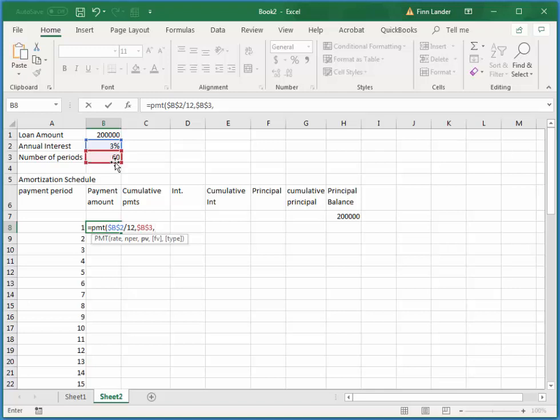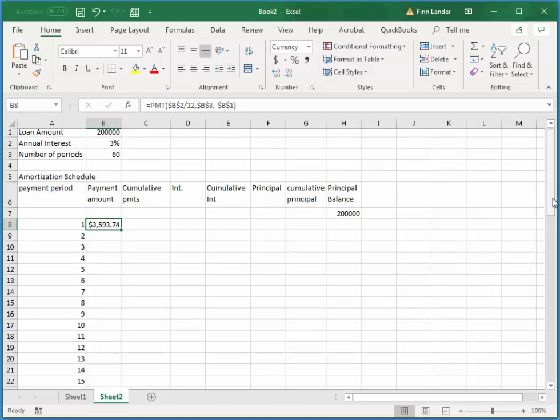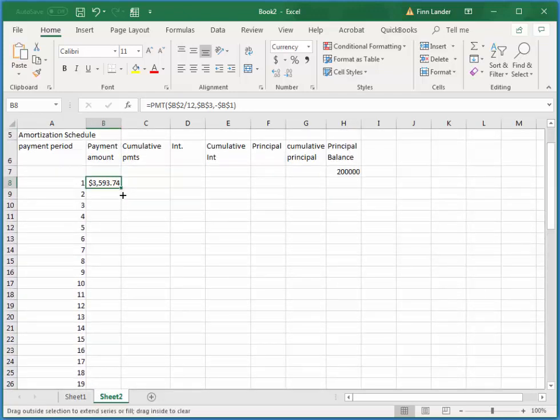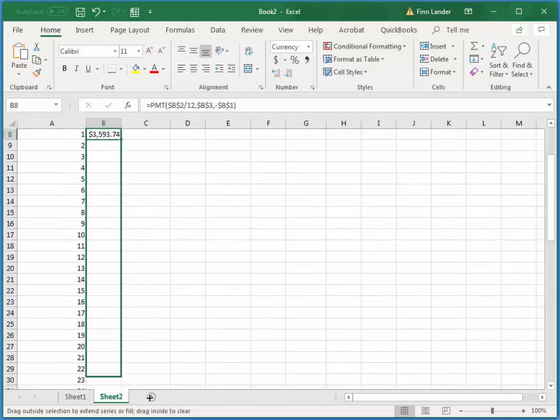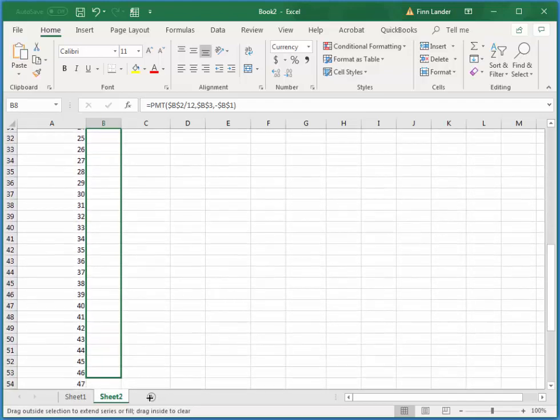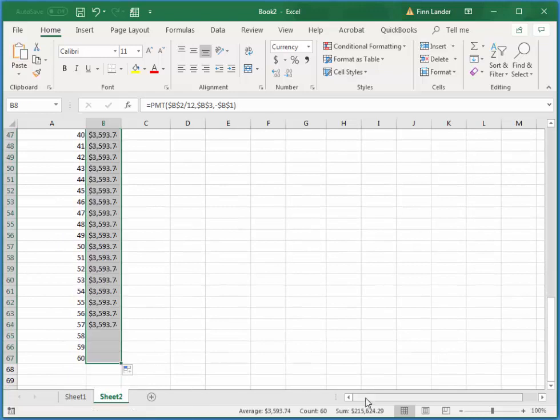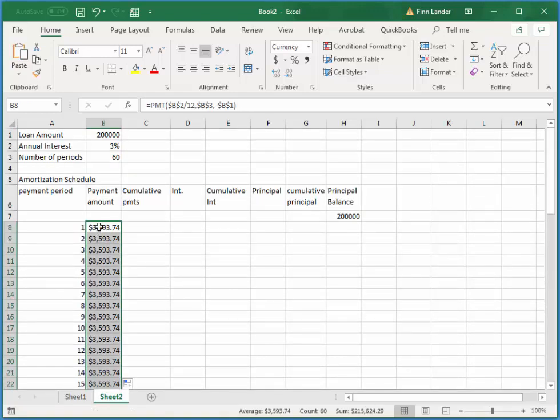And then present value will be minus, I'm not sure what I did there to make that happen. So the first month's payment, and actually all months, will be the same. So those will be the amounts of our monthly payments.